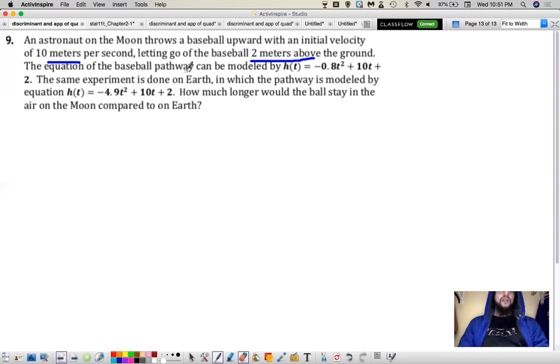Now, an interesting thing they have here is that the path can be modeled by negative 8t squared. No. Oh, moon. On the moon, the equation is negative 0.8t squared plus 10t plus 2. On the Earth, it's negative 4.9t squared plus 10t plus 2.